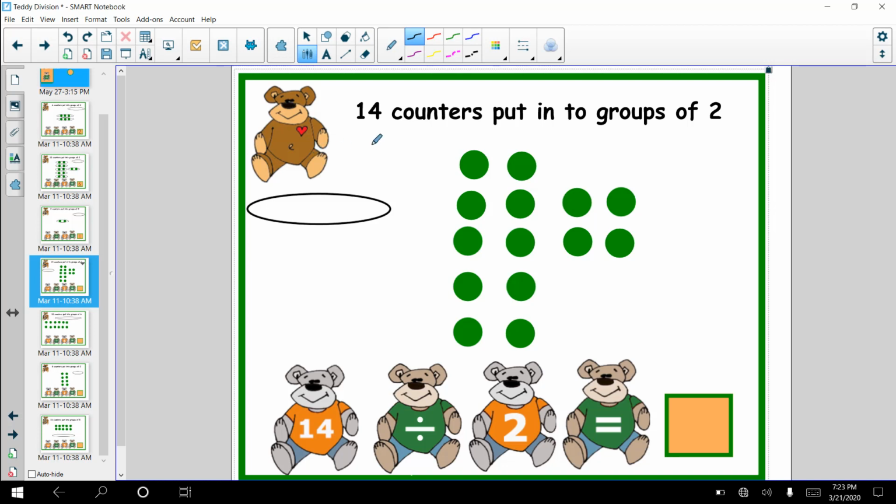Now I have 14 balls to put into groups of 2. Let's make groups of 2.